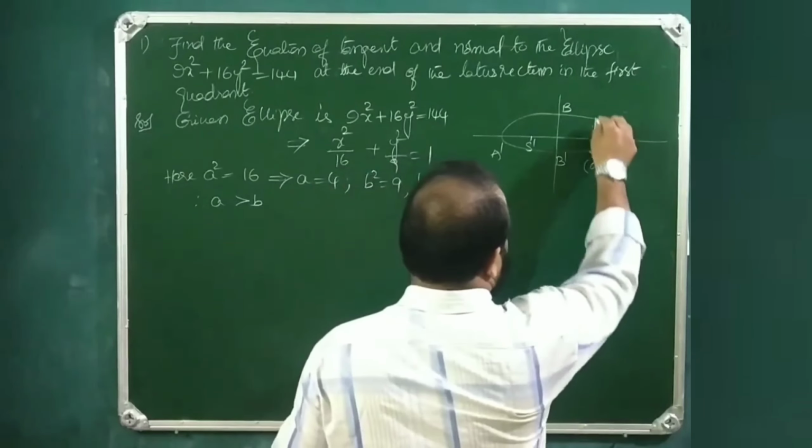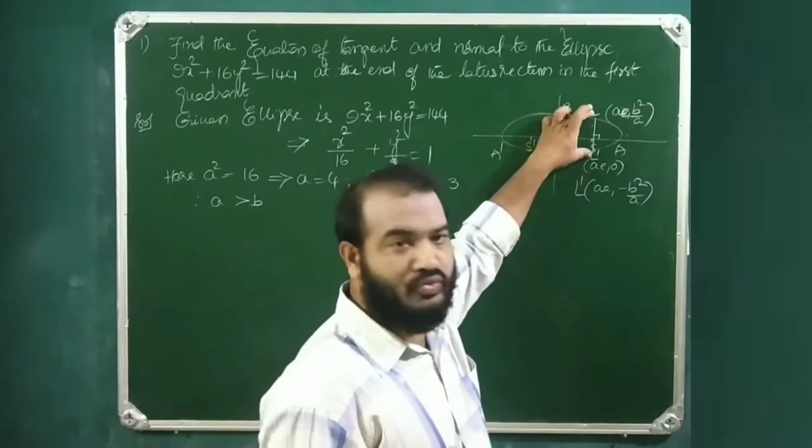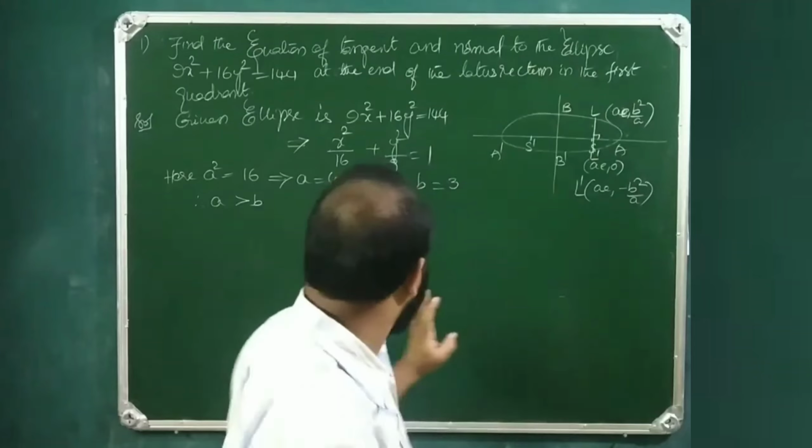So this is L dash. We know this is ae comma b square by a, and this is ae comma minus b square by a. L dash is ae comma minus b square by a, L is ae comma b square by a, and the length of the latus rectum is 2b square by a. That we have learned before.